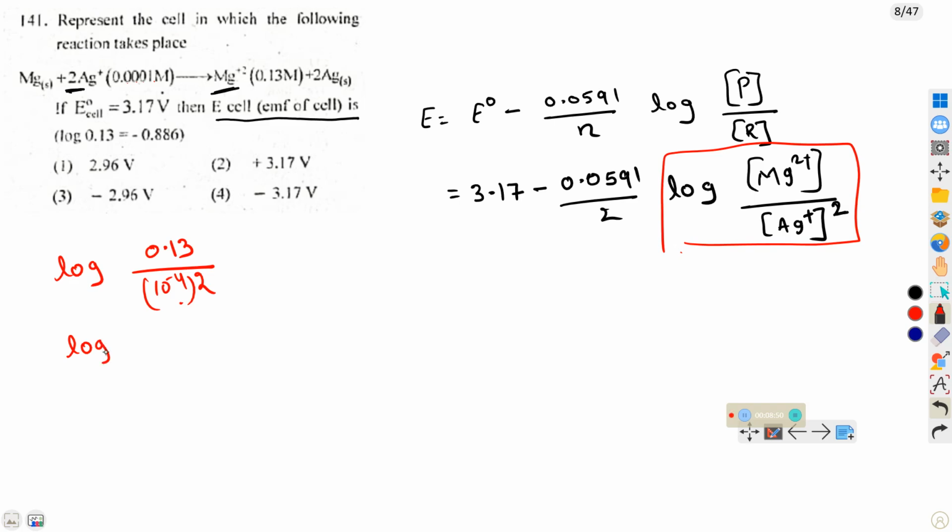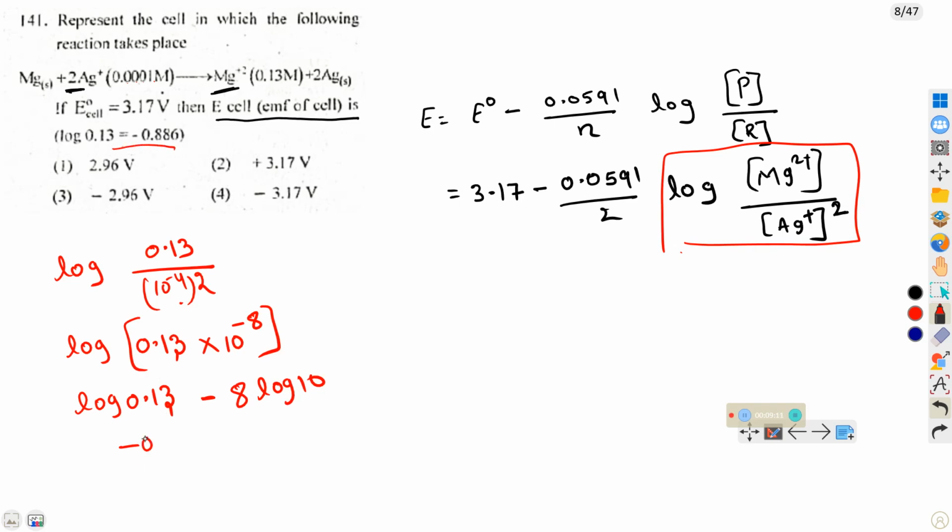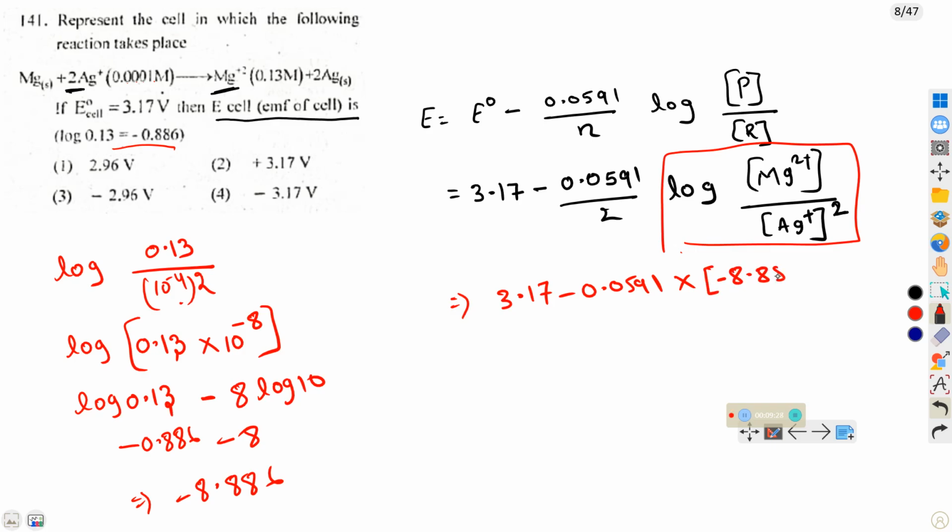It can be written as log 0.13 into 10 power minus 8. Log 0.13 minus 8 log 10. 0.13 value is given, minus 0.886, minus 8, that is minus 8.886. Simplify now. 3.17 minus 0.0591 into minus 8.886 divided by 2.